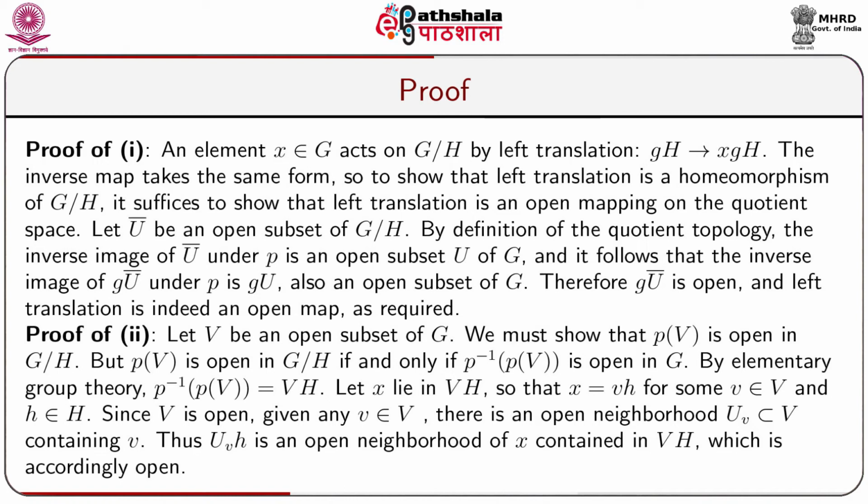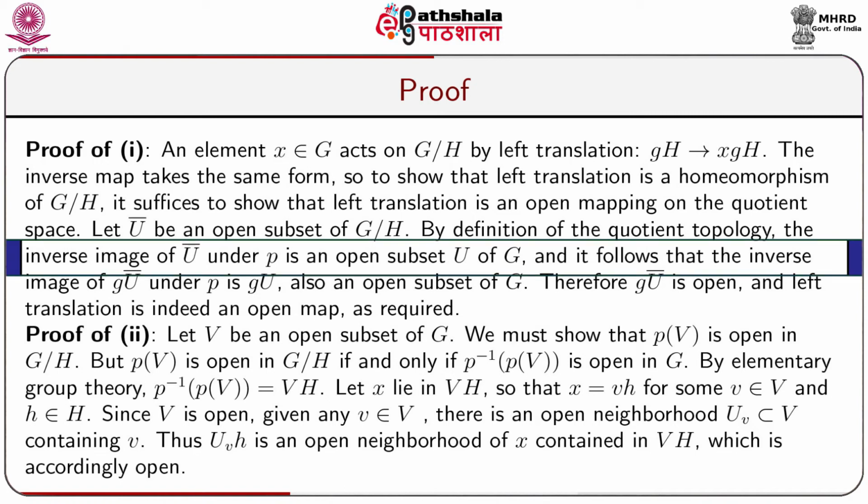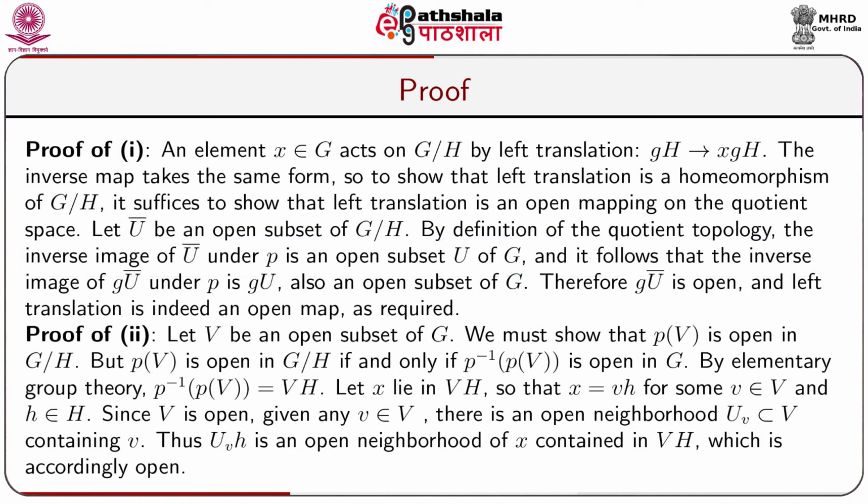Now, by definition of the quotient topology, the inverse image of U bar under P is an open subset, say U, of G, and it follows that the inverse image of X U bar under P is X U, also an open subset of G. Therefore, X U bar is open and left translation is indeed an open map. So, this proves the first part of the proof.